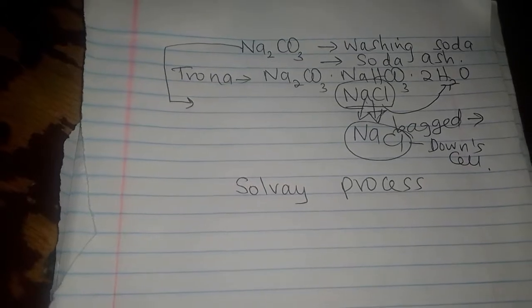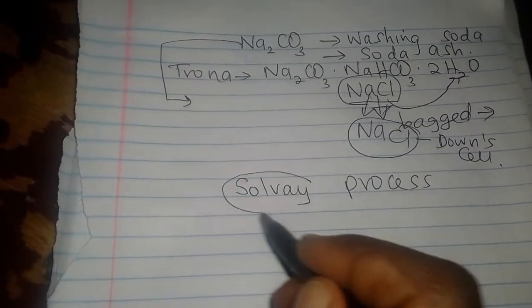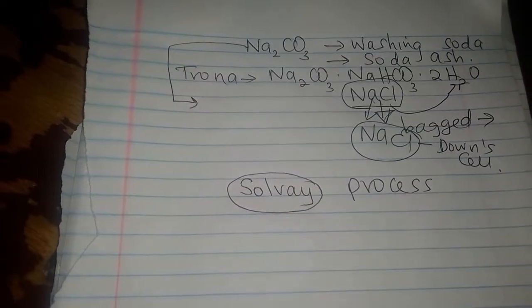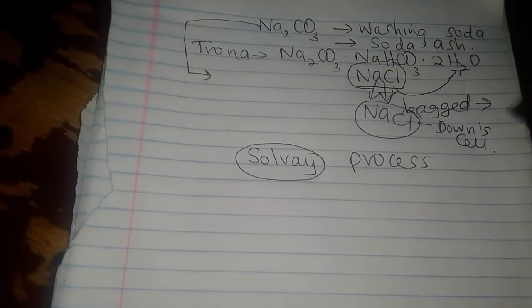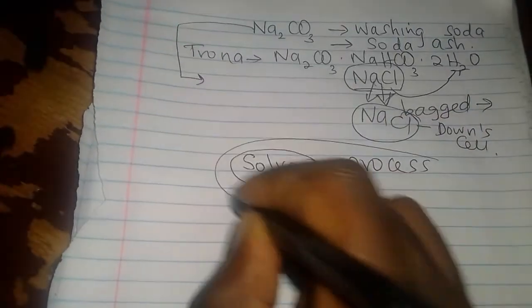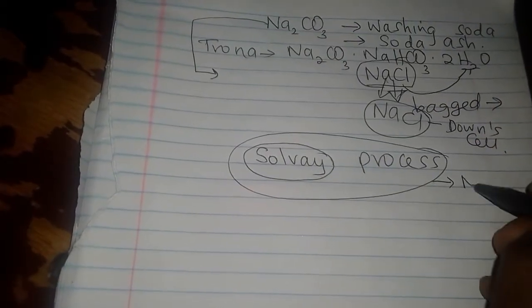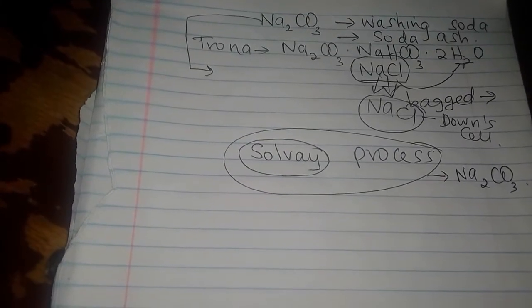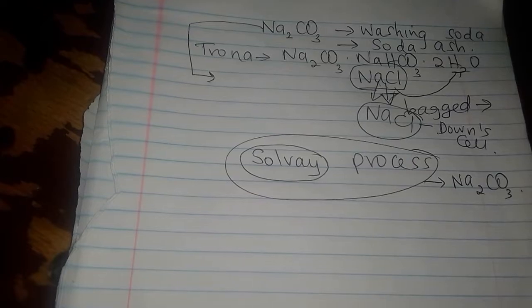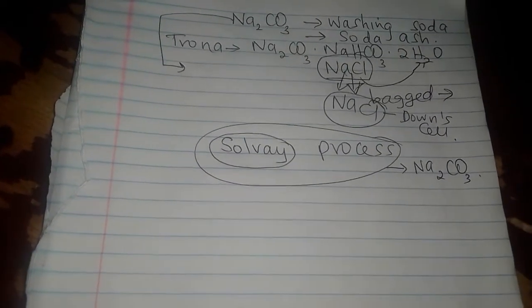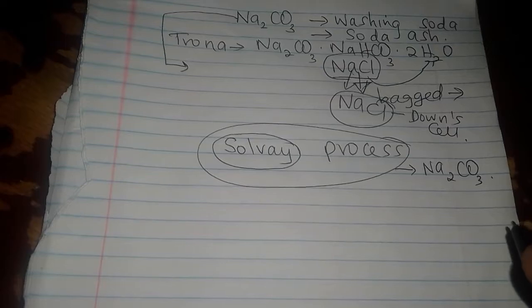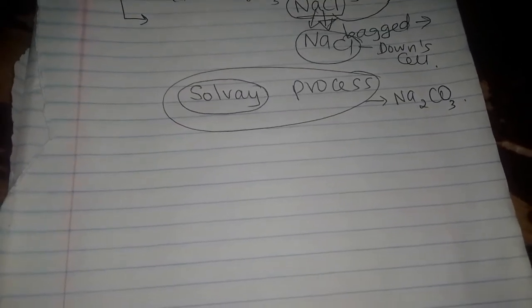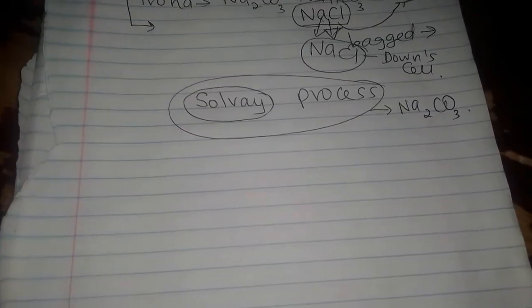It was brought into existence by a scientist called Solvay, and he outlined how sodium carbonate can be manufactured. He came up with a particular setup that helps us with the manufacturing of sodium carbonate.